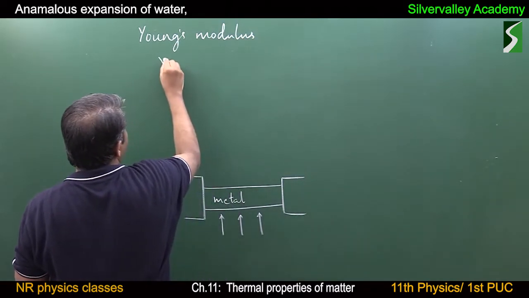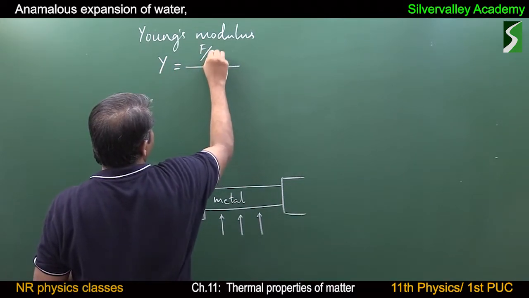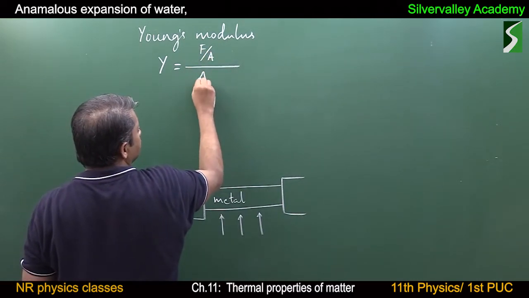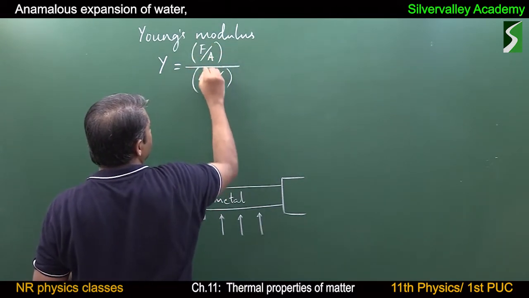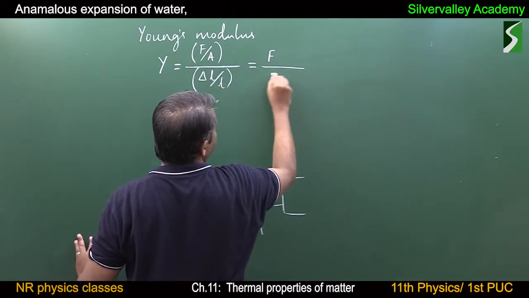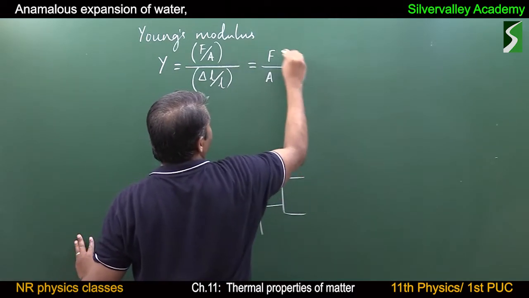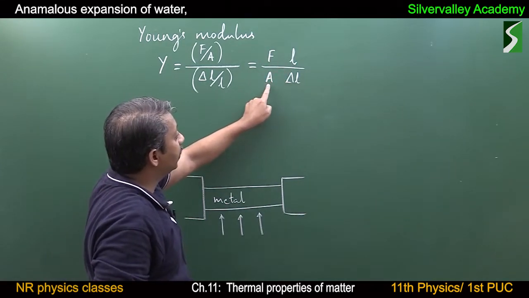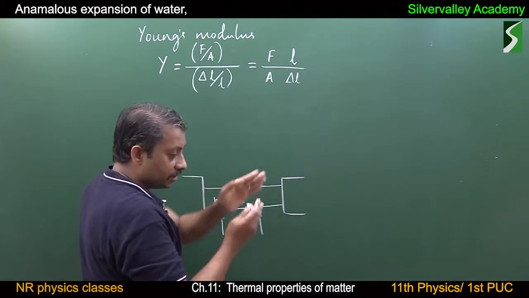Young's modulus, denoted by Y, equals force by area, stress by strain. Strain is change in length to original length. Rearranging, force by area into L by delta L. So Young's modulus is FL by A into delta L. L is actual length, delta L is change in length.